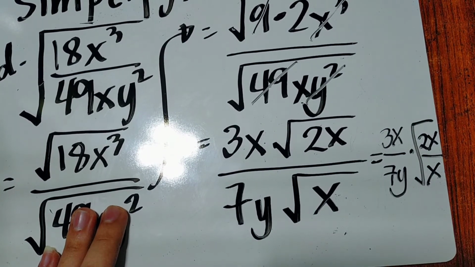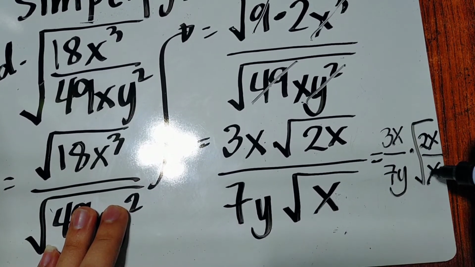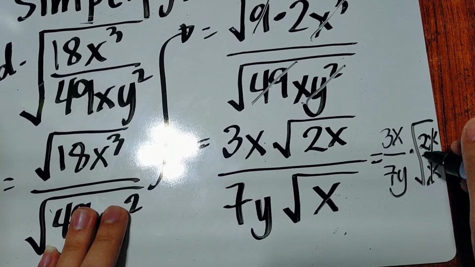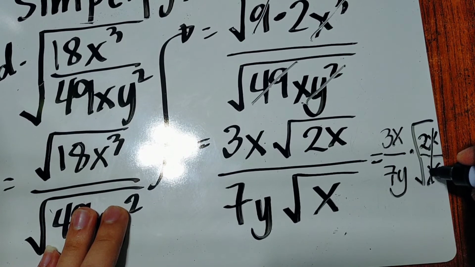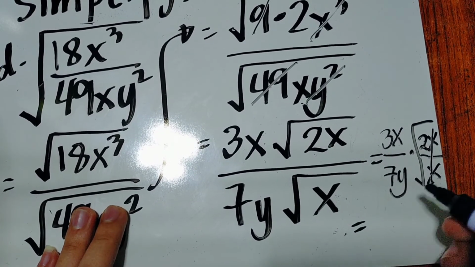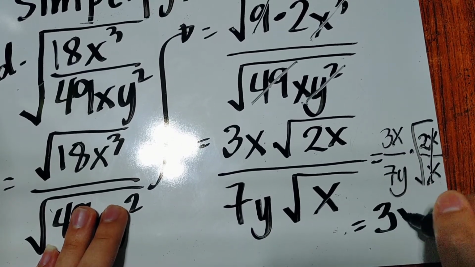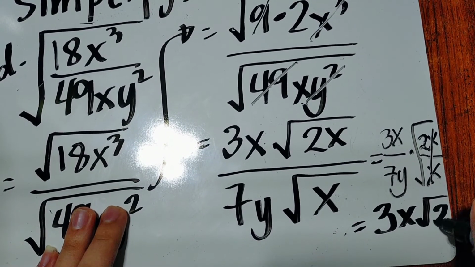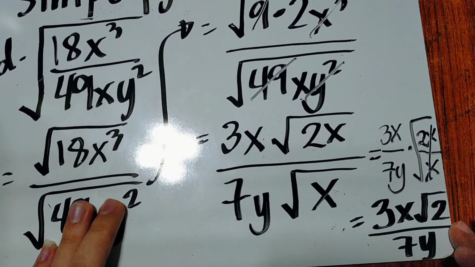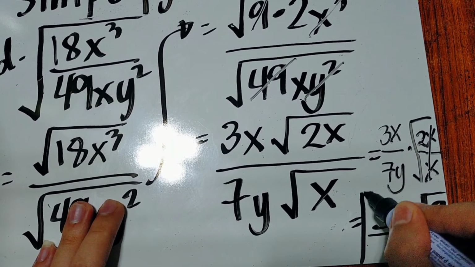So, makikita nyo dyan, pwede na natin i-minus yung dalawang x. So, 1 minus 1 is 0, kaya tinanggal ko na. So, saan natira yung 2? Sa numerator ba o sa denominator? Sa numerator. Kaya mag-i-stay siya doon sa numerator. So, the final answer will be 3x times the square root of 2 over 7y. Okay? So, this is the final answer.